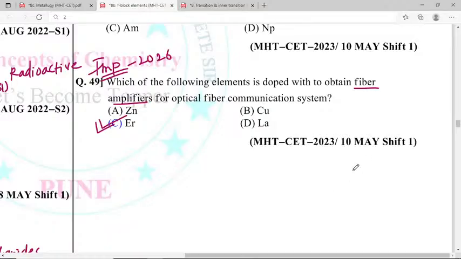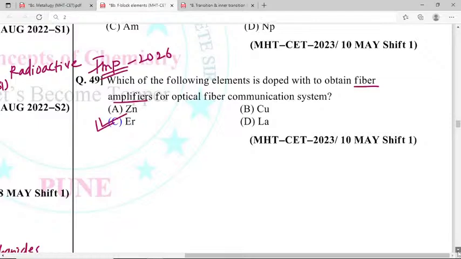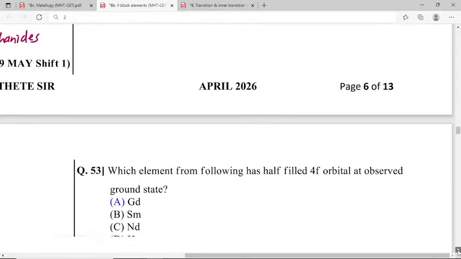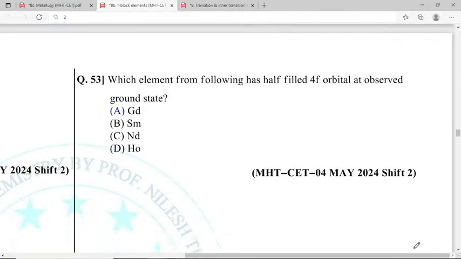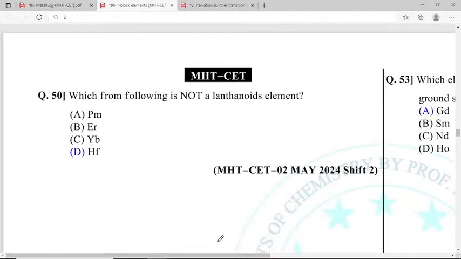Erbium is the element used to prepare fiber optic cable. Which of the following is not a lanthanoid element? Hafnium. Hafnium is not a lanthanoid element. The remaining are lanthanoids, and hafnium is a d-block element.